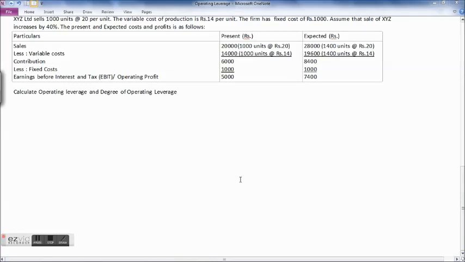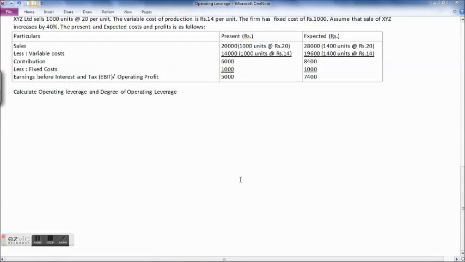As explained earlier, the variable cost will increase or decrease depending upon the increase or decrease in production, while the fixed cost will be the same irrespective of the increase in production.